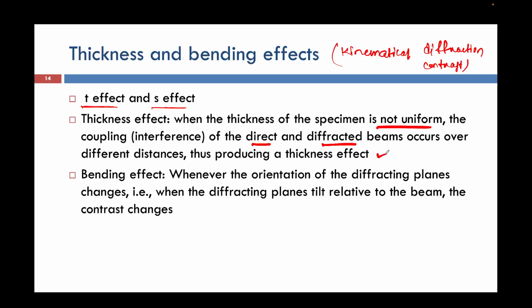So that is what gives us a thickness effect, and the diffraction contrast that arises due to this thickness variation is known as the diffraction contrast due to the thickness effect. Similarly, the bending effect occurs whenever the orientation of the diffracting planes changes. In those cases the diffracting planes tilt relative to the beam and the contrast changes.